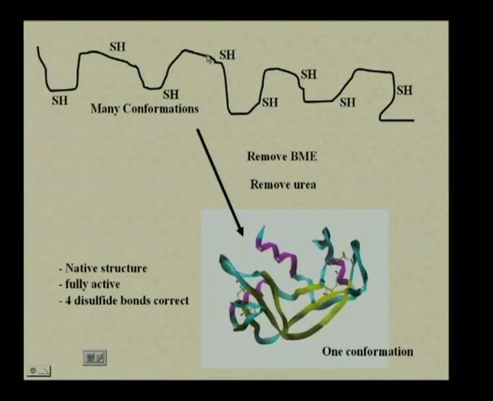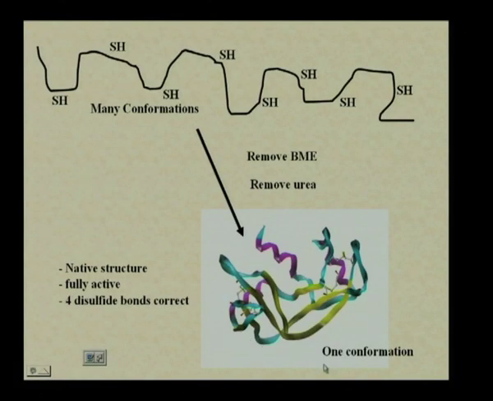So, when I had this unfolded structure, it could have essentially folded into any conformation, but that does not happen. It always forms this one conformation, that is the native structure of the fully active protein with the exact 4 disulfide bonds correctly linked with one another.